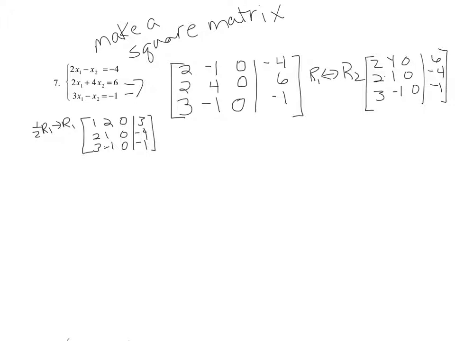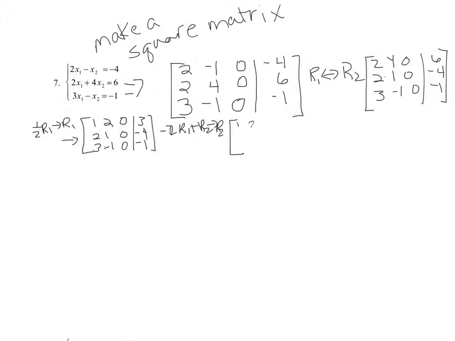Okay, so my top row, I have a 1 in the upper left corner. What I need to do next is to get the second row, first element, to become 0. So the way to make that happen is I can multiply negative 2 times row 1 and add that to my row 2 to make my new row 2.